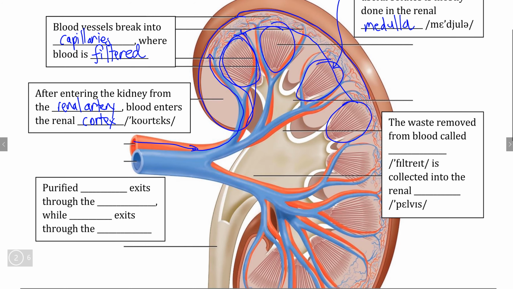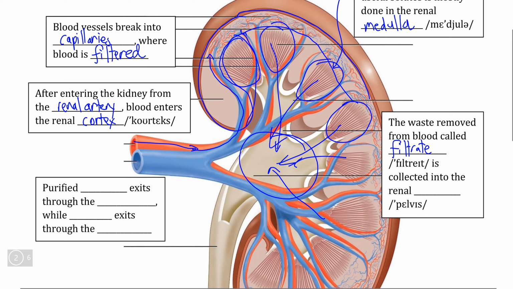Now, eventually, all of the nutrients, or I shouldn't say nutrients, all of the waste and extra salt and water is going to drain downward from the renal medulla into this central structure here at the center of the kidney. So the waste removed here is what we call filtrate.